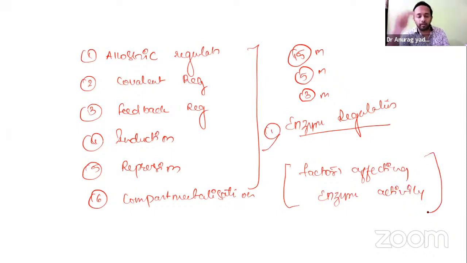Enzyme regulation is these six regulations. Factors affecting enzyme activity is completely different, where you learn how temperature affects, how pH affects, what the substrate does on the enzyme, what enzyme concentration does on the rate of reaction, and what the inhibitor will do. You have competitive, non-competitive, reversible, irreversible inhibitors. All those are factors affecting enzyme activity.